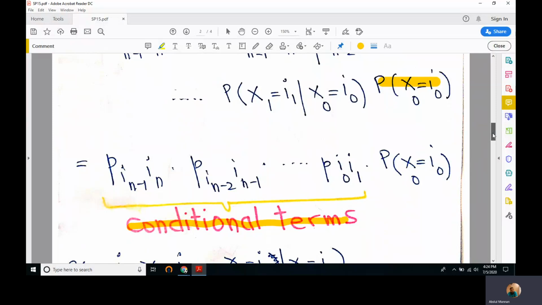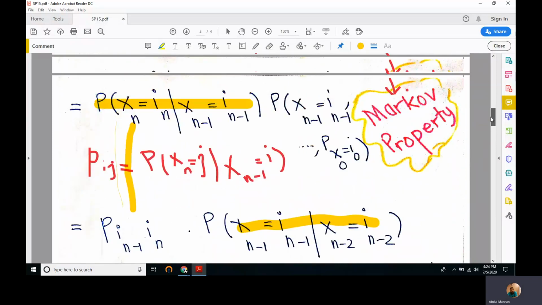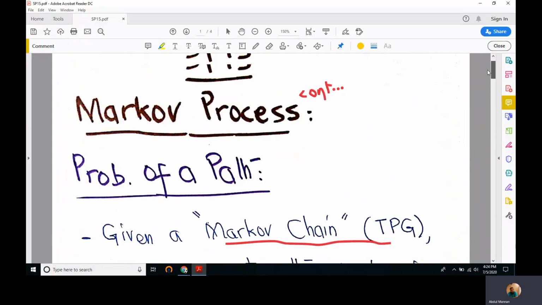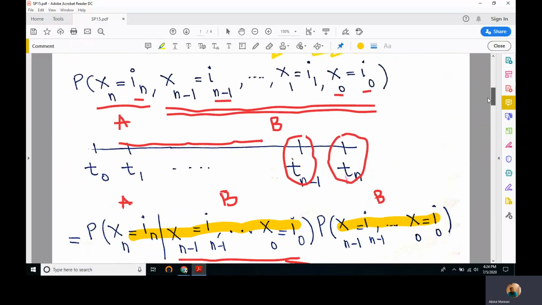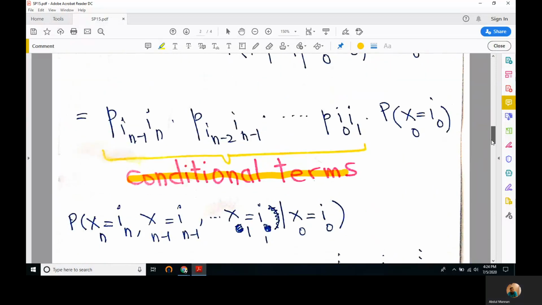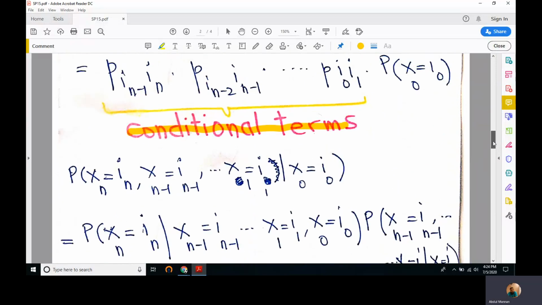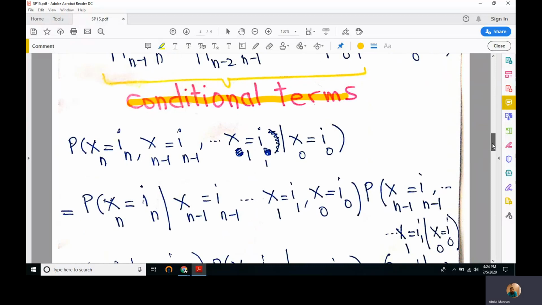So all the terms in the transition probability matrix that we studied in the last lecture and in the transition probability graph are conditional probability terms.